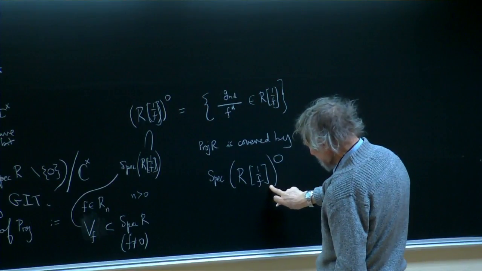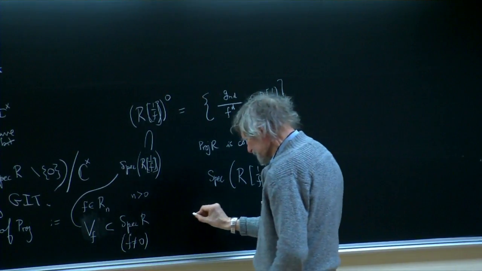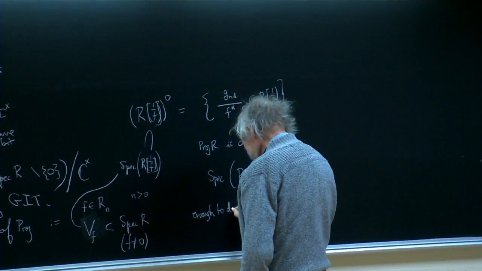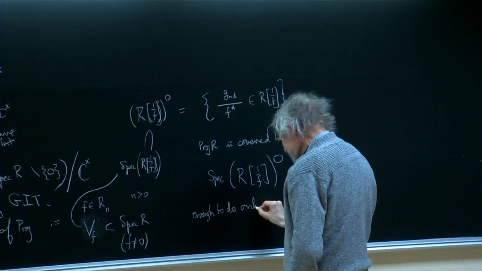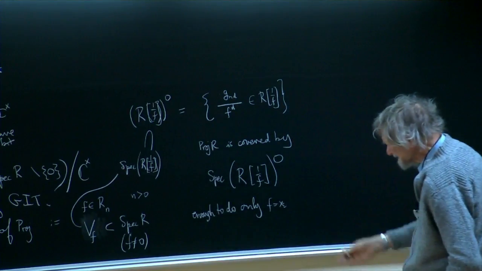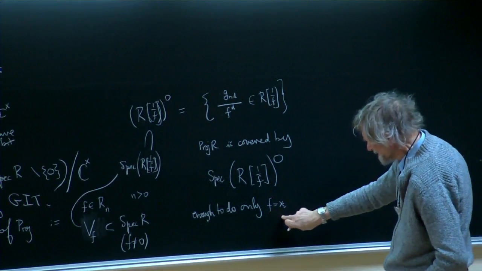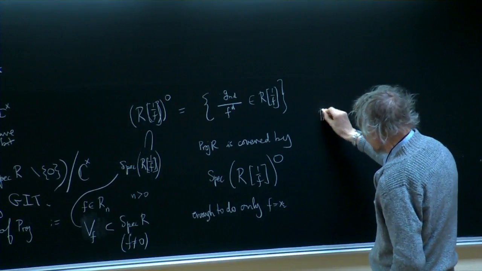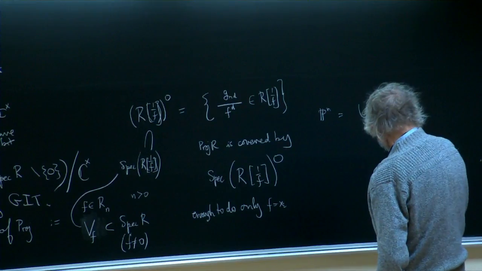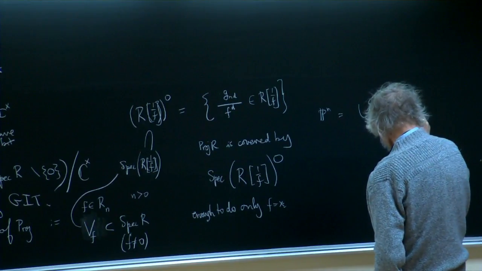Right. So it's enough to do only f equals x_i. Yes, and this is what you do when you say that P^n is the union of A^n with x_i not equal 0.